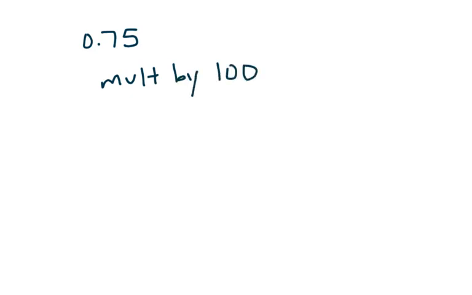You can think of it as multiplying by 100. You can also think of it as moving the decimal point 2 places to the right, so that 0.75, when written as a percent, is going to be 75%. Kind of makes sense if you think about it. 0.75 would be 75 hundredths, and that's 75%.